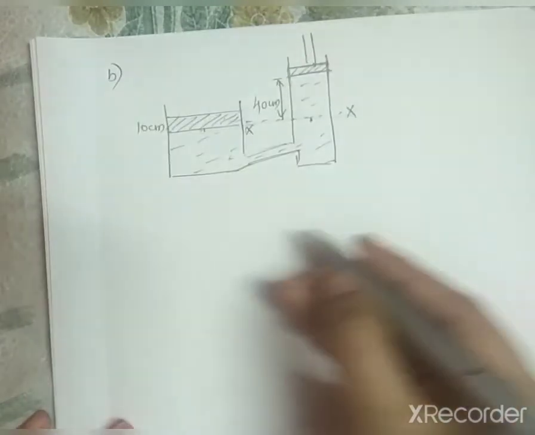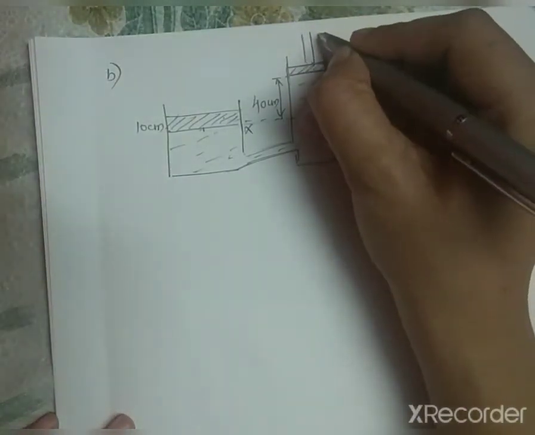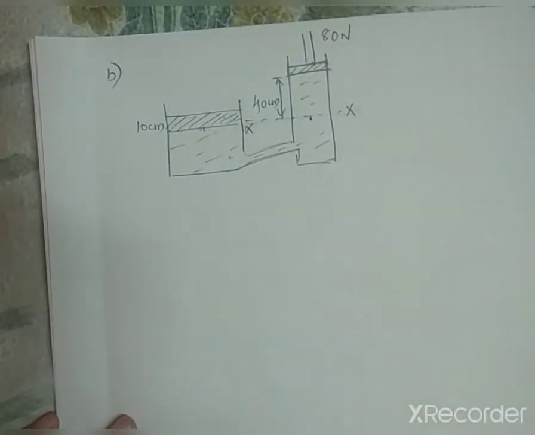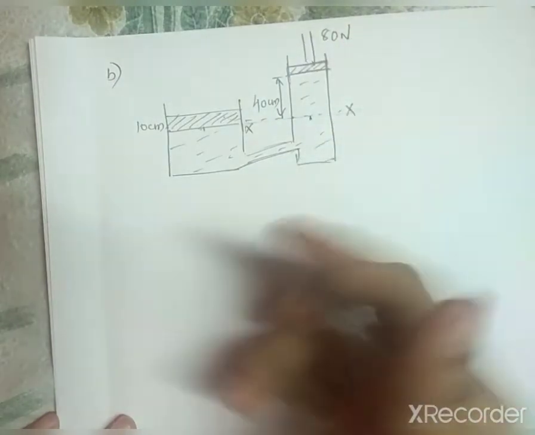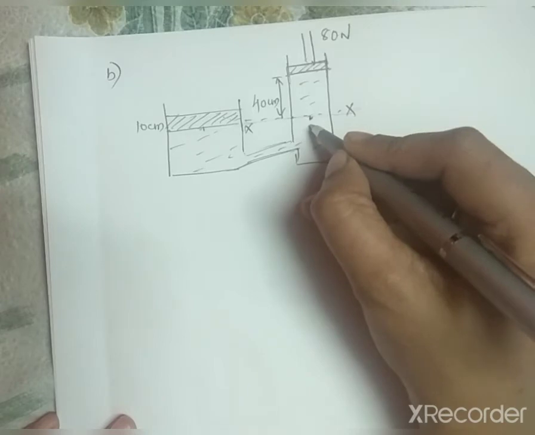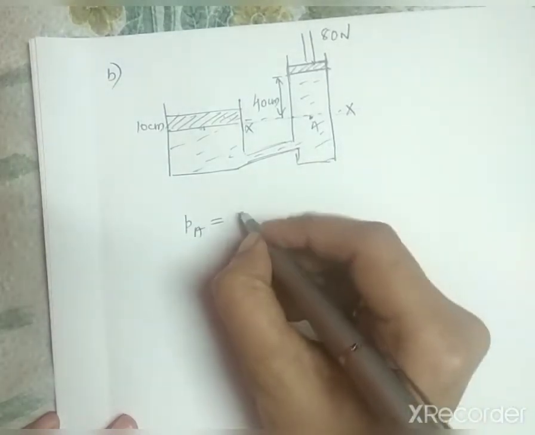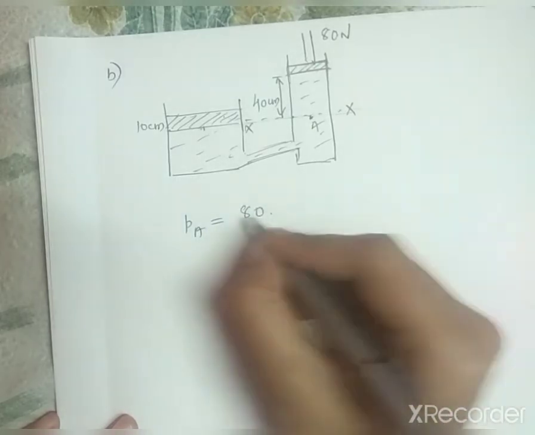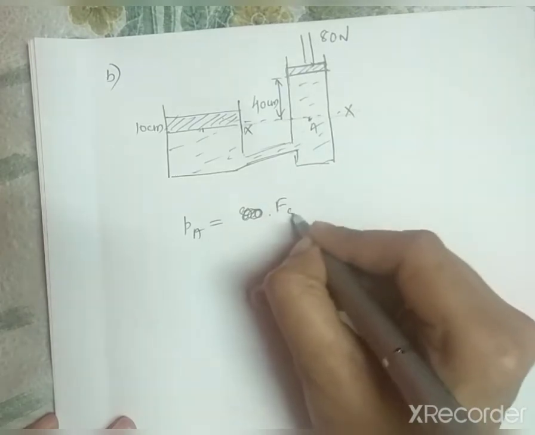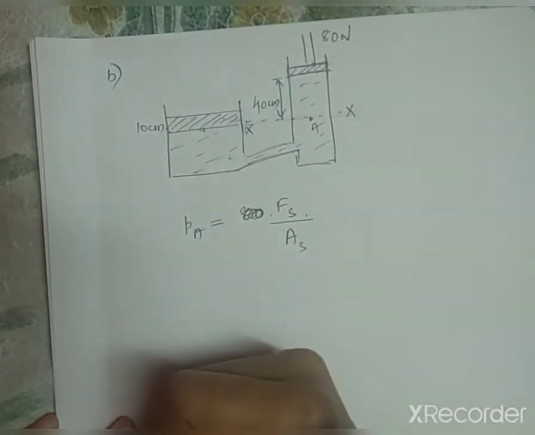Anyway, I will just write down what I have just told you. So here force is equal to 80 Newton. At this particular point, let it be again A, PA will be equal to, first I will write down the equation, force at the smaller piston divided by the area of the smaller piston.